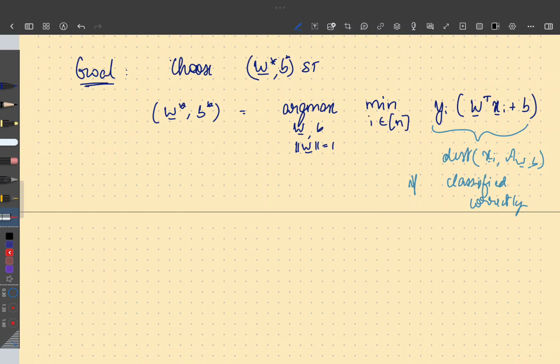I'm maximizing over all possible W with unit norm, so this set is not convex. But there's an equivalent optimization problem that guarantees that I get W star, b star. So you end up with the same solution, but you tweak the optimization problem slightly such that you end up with a convex optimization problem that can be efficiently solved.